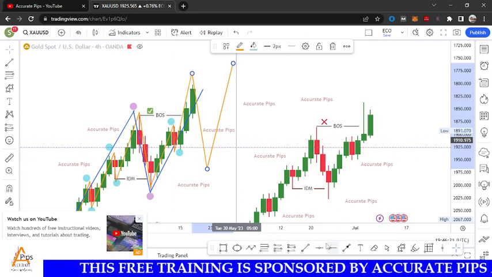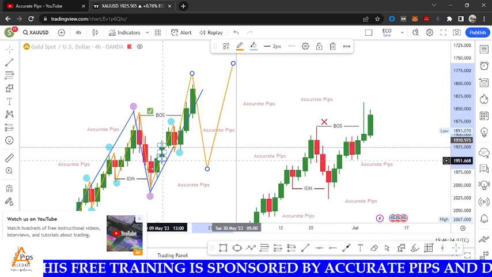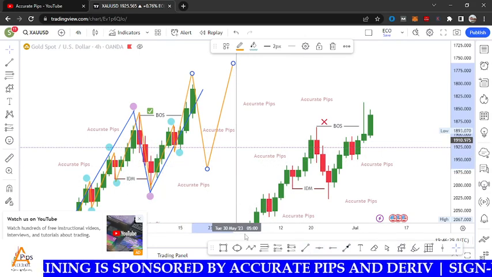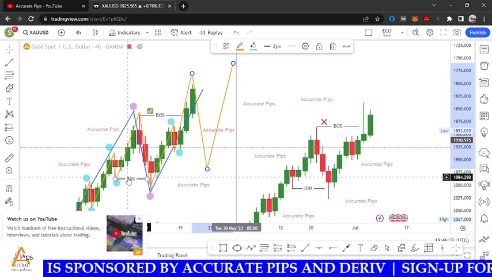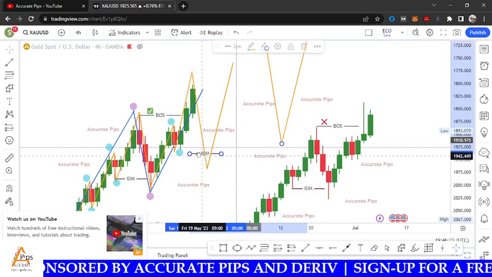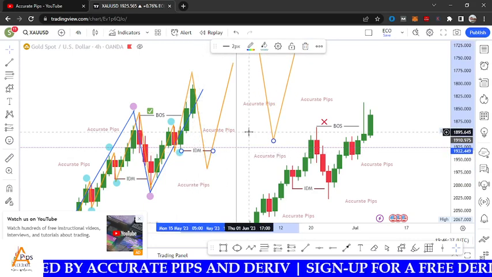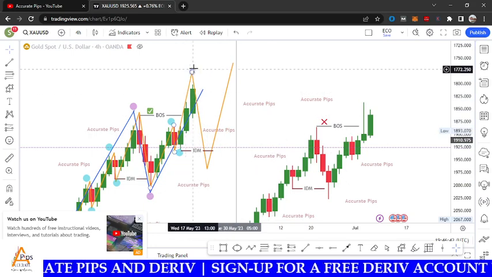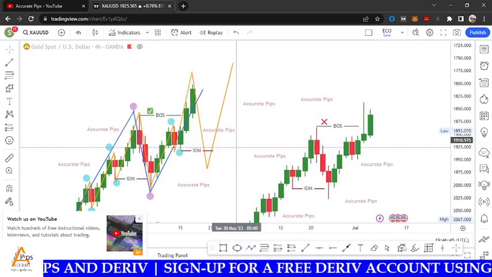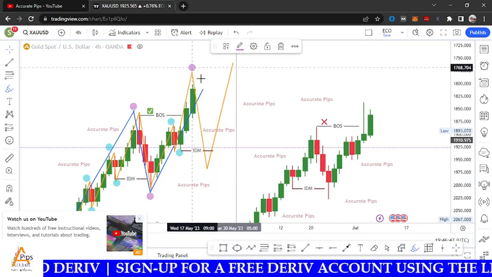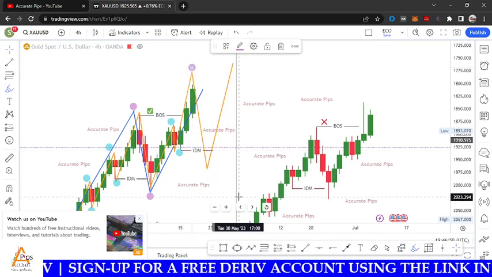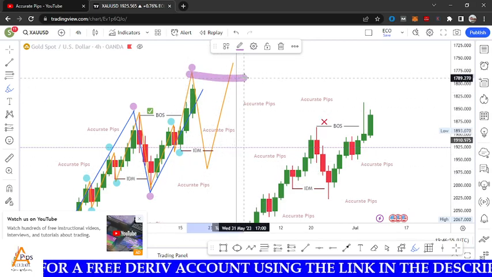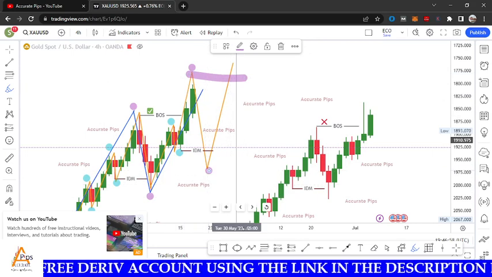So if the market comes and breaks this candlestick structural low over here, then that means we form a new inducement. So our next inducement would have moved to this side. Then we can now confirm this guy as our new structural higher high, and then we wait for it to be broken, and then we confirm here our new structural low.